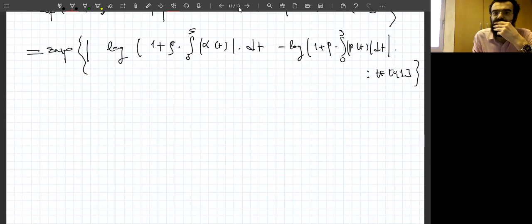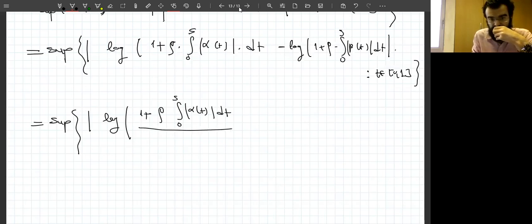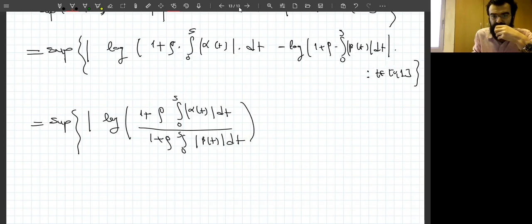But from the properties of logarithm, we have the supremum of the absolute value of logarithm of (1 plus the integral of alpha) over (1 plus the integral of beta t dt), t in 0, 1.